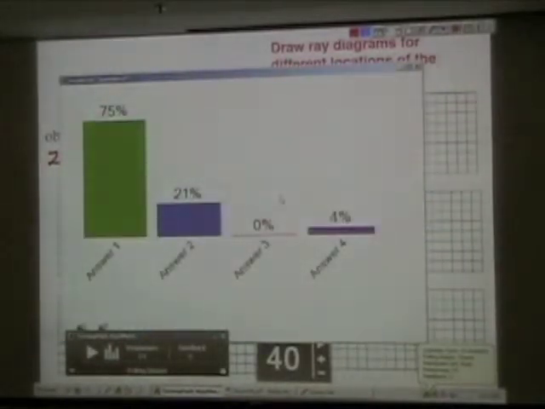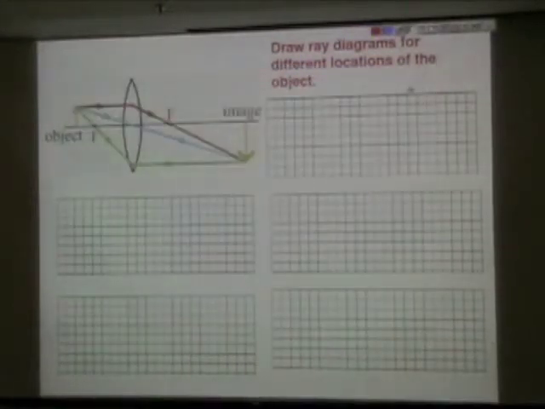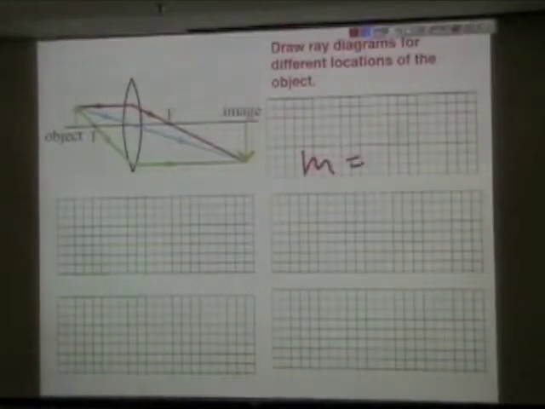Well, 75% failed. I'm not happy about that. I'm just stating the facts. The magnification, by definition, is this ratio.